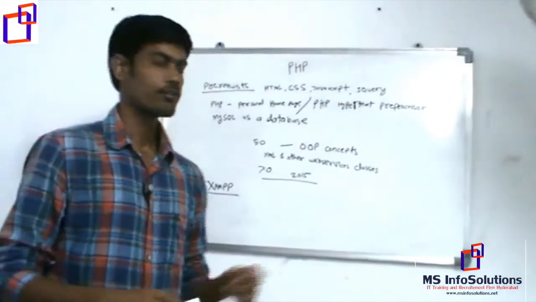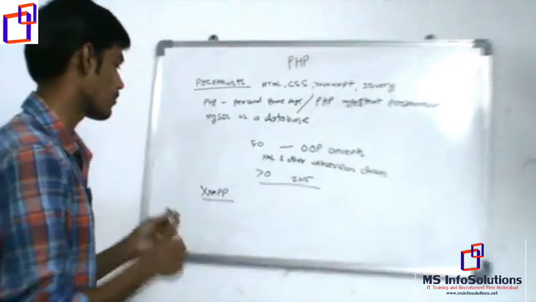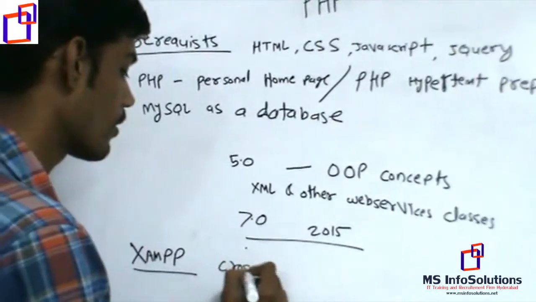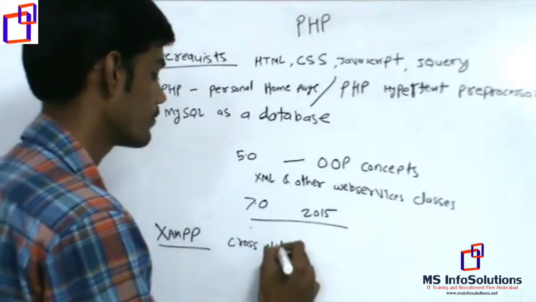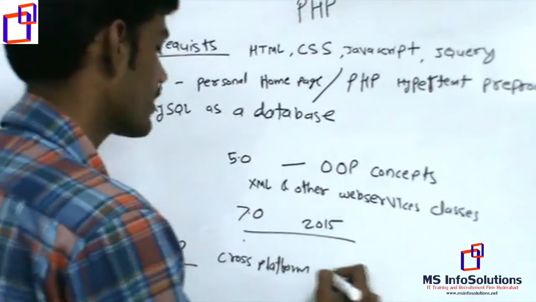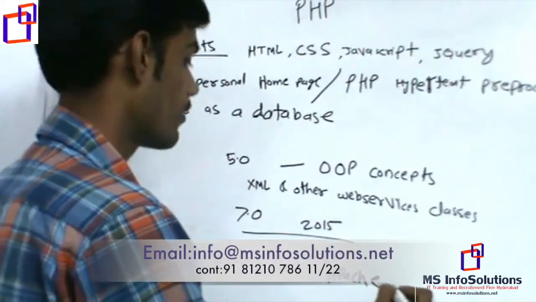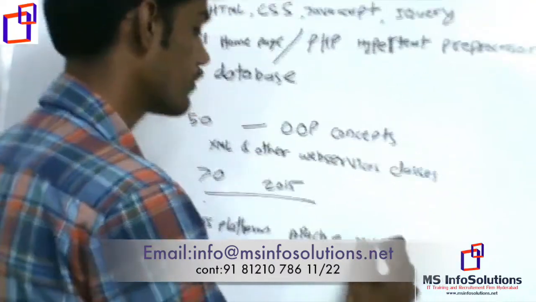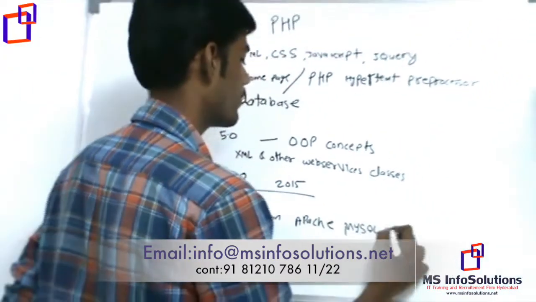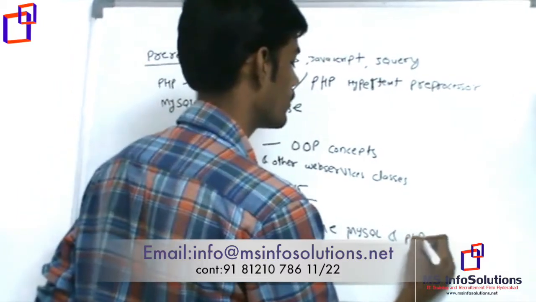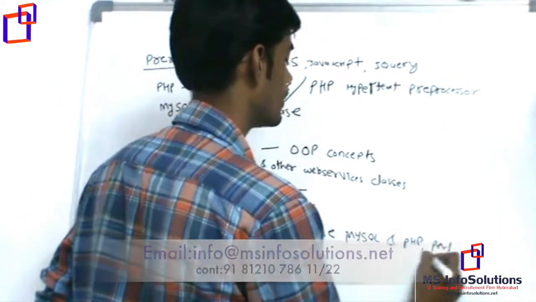XAMPP is this X stands for cross-platform, A stands for Apache, M stands for MySQL, and P stands for PHP, Perl etc.